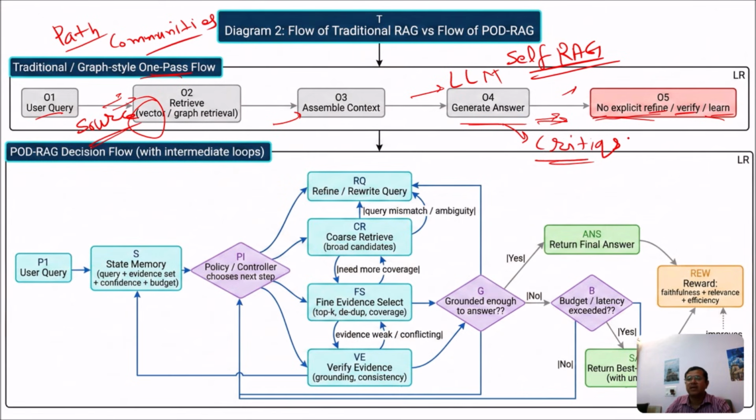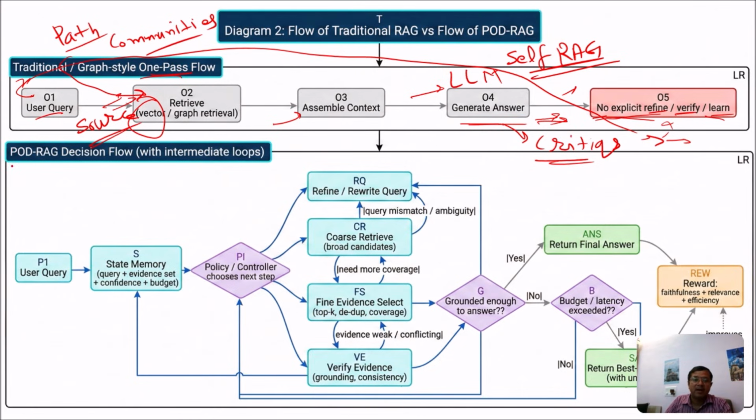Based on the response to those questions, if it passes the majority of the questions, it will generate the final answer and update the reward. And if not, then the process starts again from step 2 and it will continue. It depends on how many loops you want to continue to get the answers. So this is called self-RAG system.